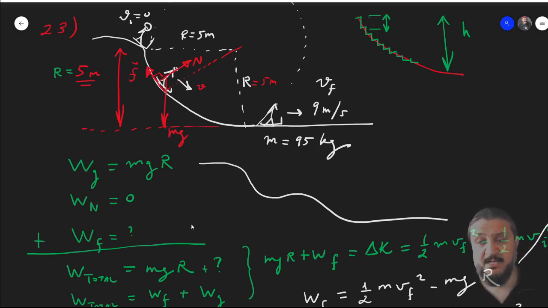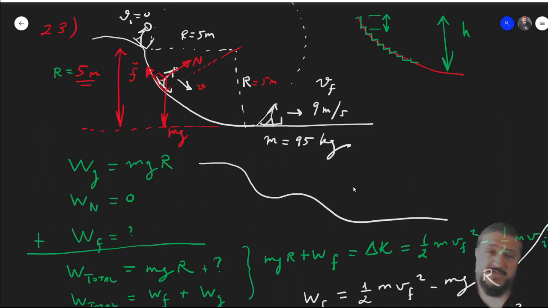Now you may say, hey, hang on a second, by stretching this path like this, you're increasing the distance, so he still goes down 5 meters, but there's more interaction with the track, so friction would do more work. You may say things like this.